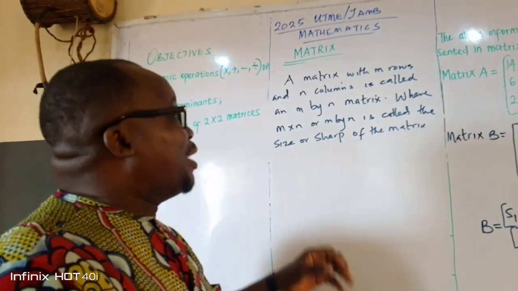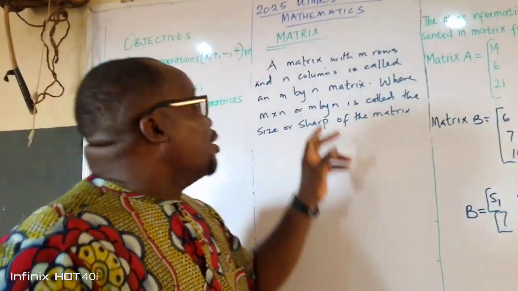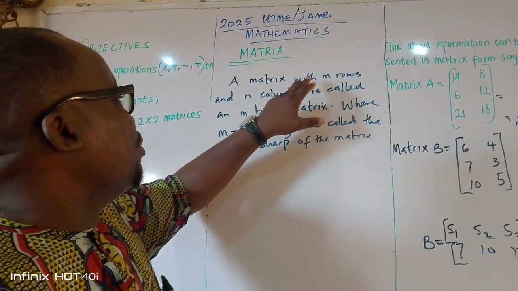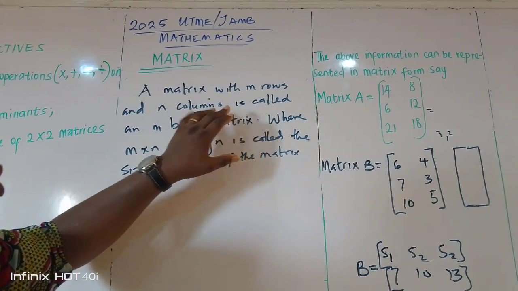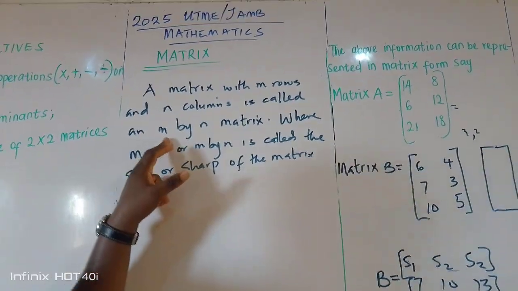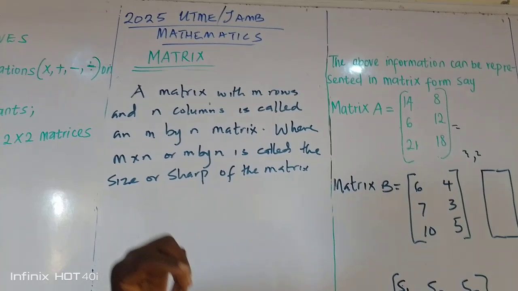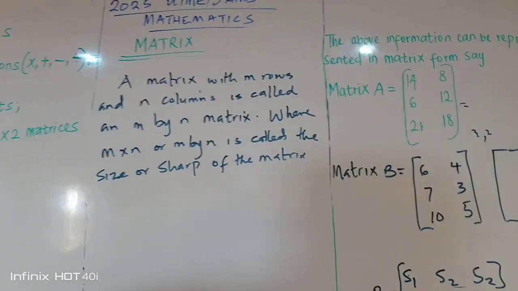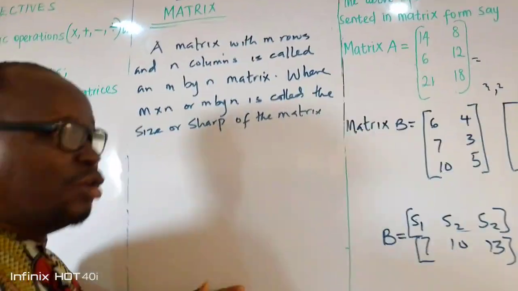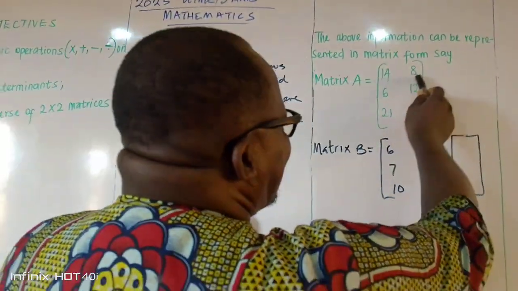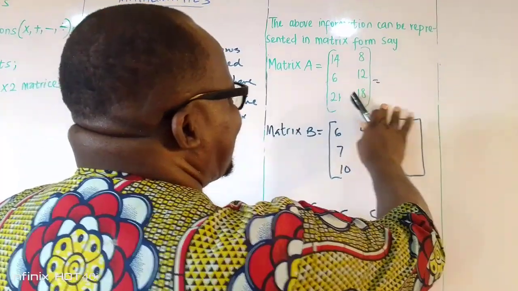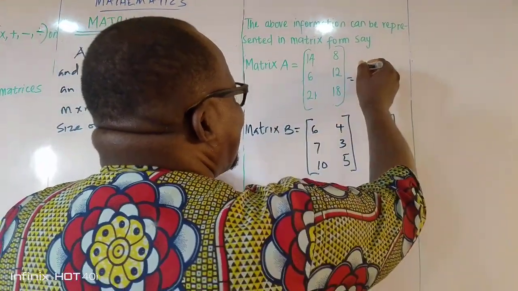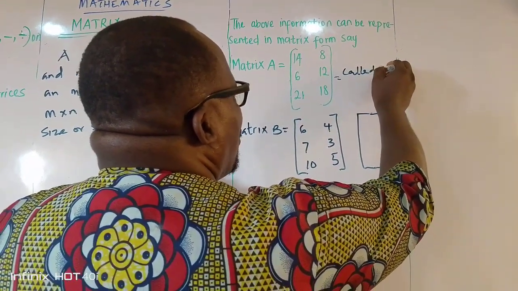Okay, as I was saying earlier on, a matrix with n number of rows and n number of columns is called an n by n matrix. Now, what do we mean by rows? What do we mean by columns? When the numbers are arranged in this order horizontally, they are called rows. So this matrix here is called a what?